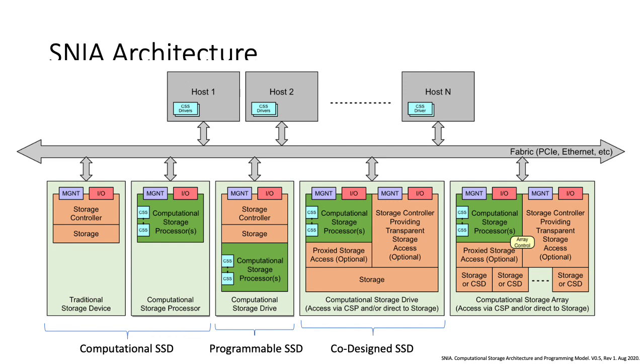And we can recognize the nomenclature with computational SSDs, which are composed of basically two devices, a computational storage processor on top of a traditional SSD, then programmable SSDs that integrate computational elements within an SSD that exposes a traditional interface, and then a co-designed SSD where the computational storage processor can be used to define a new interface which is exposed to the host, on top of storage, basically with access to internal interfaces.